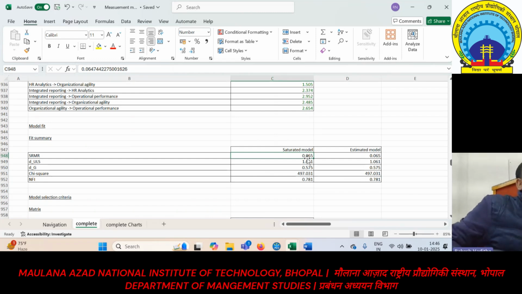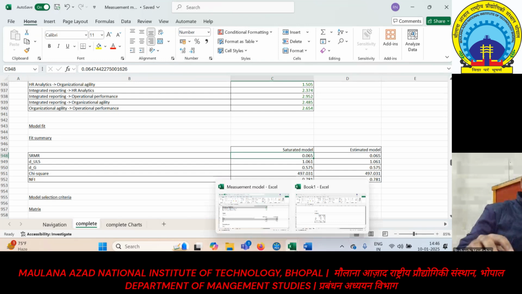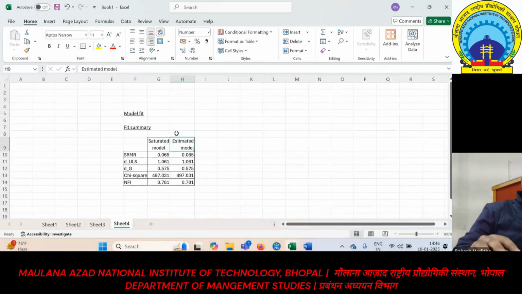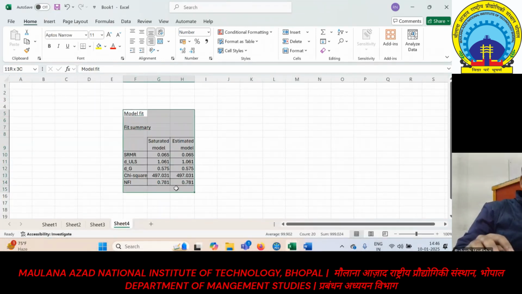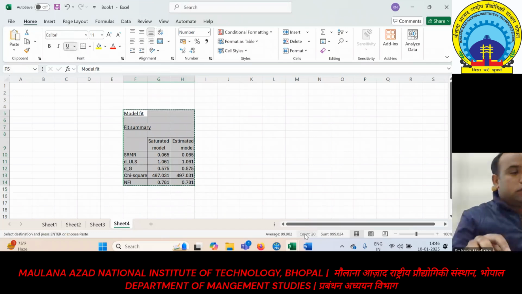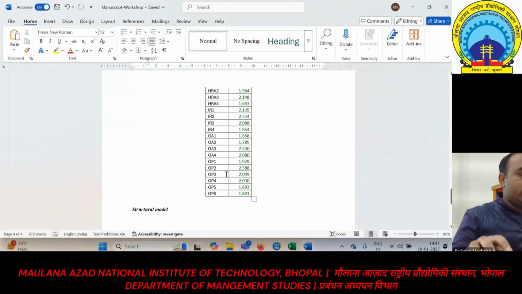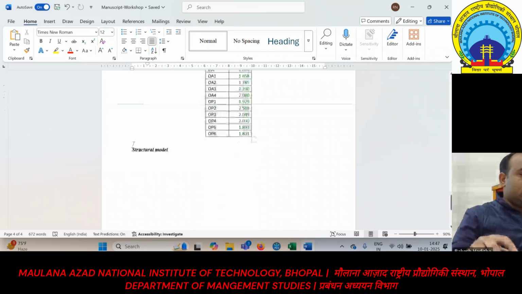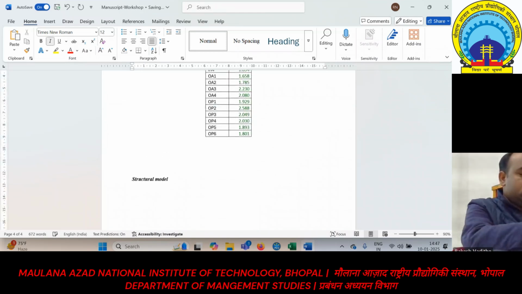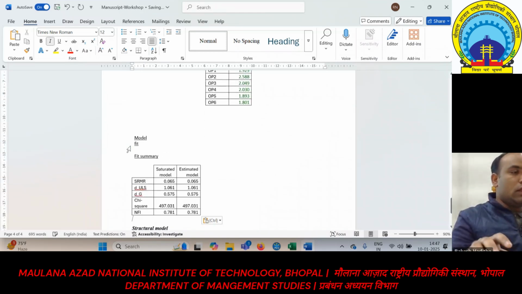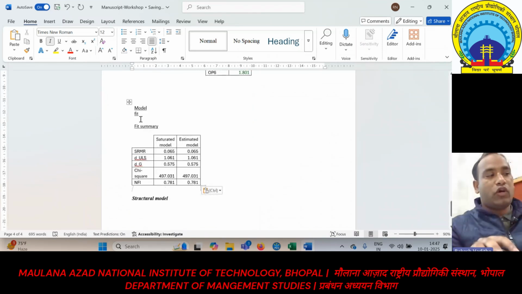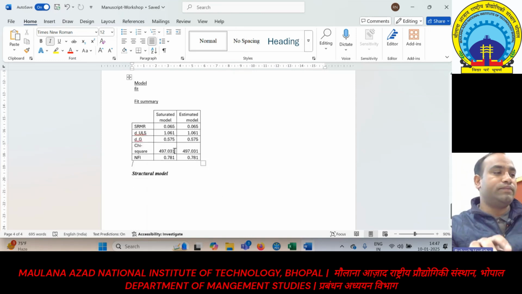No need to test the goodness of fit. Here in the table, the model SRMR value is 0.065, which is below 0.08. Then we consider our proposed model fit for our study.